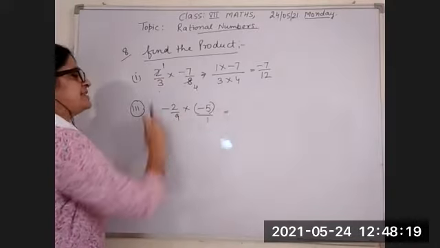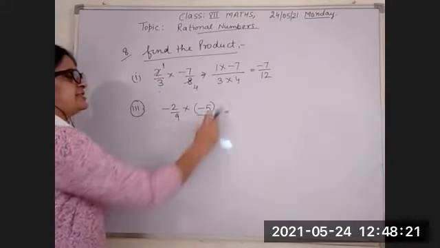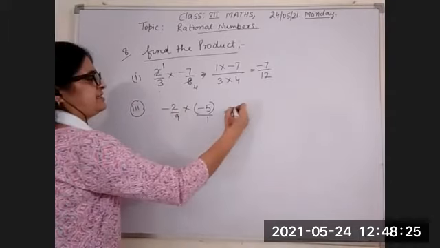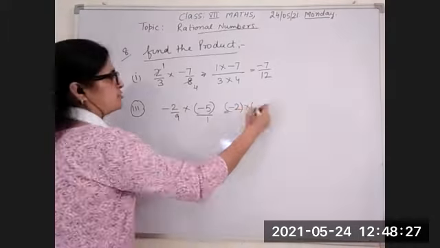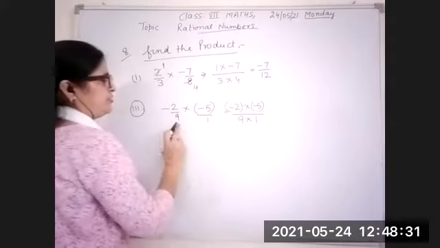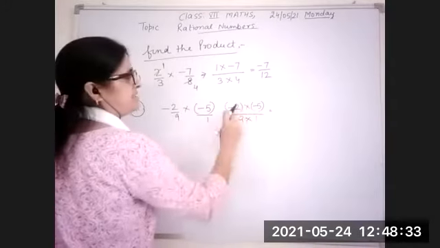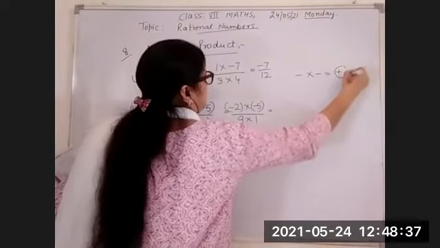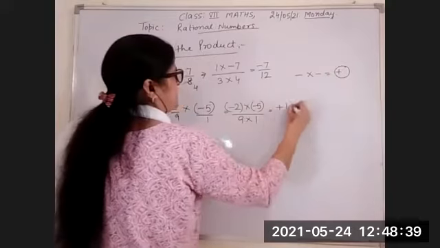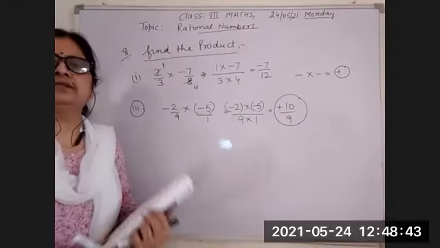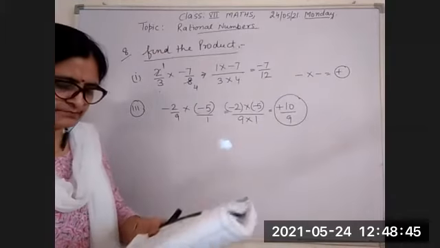No number can be reduced here, so you multiply numerator with numerator, minus 2 multiplied by minus 5, and denominator with denominator. When you multiply minus with minus, it becomes plus. So 2 5 ja 10 and 9 1 ja 9. This is the answer of this question.